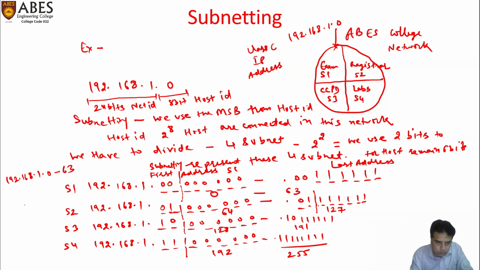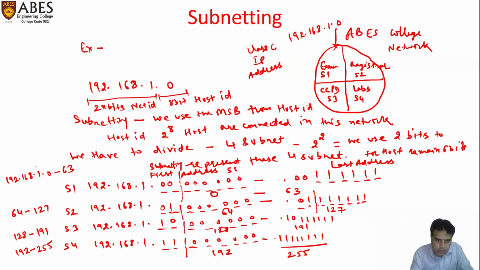So the addresses for S1 are 192.168.1.0 to 63. For S2, 64 to 127, S3 is 128 to 191, and for S4, this is 192 to 255.